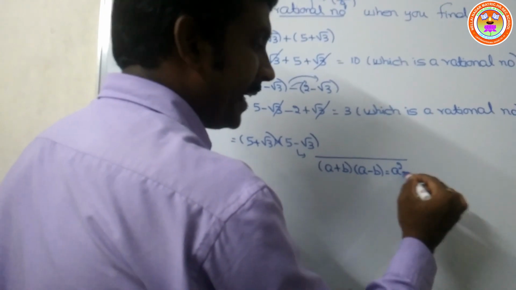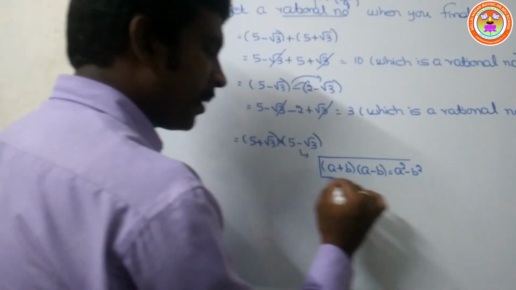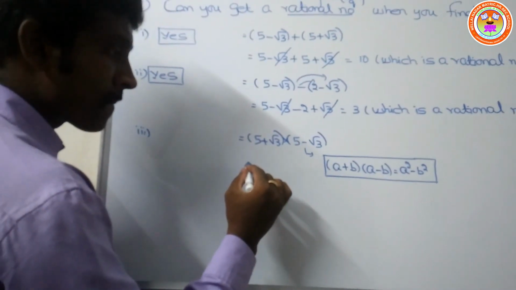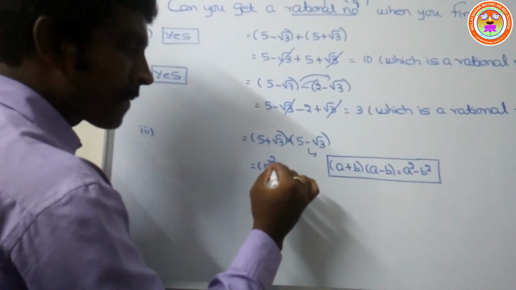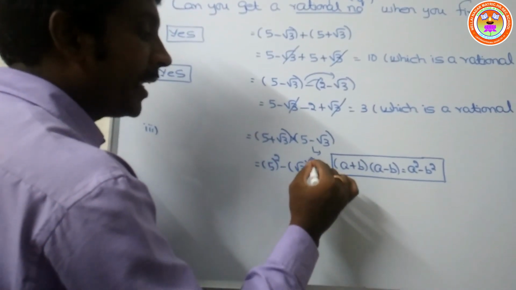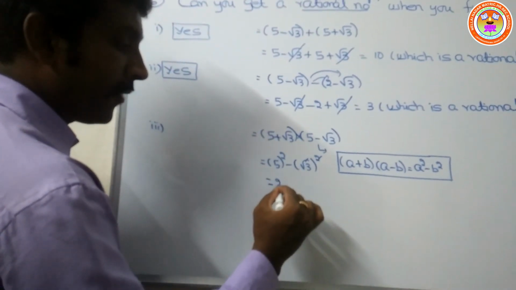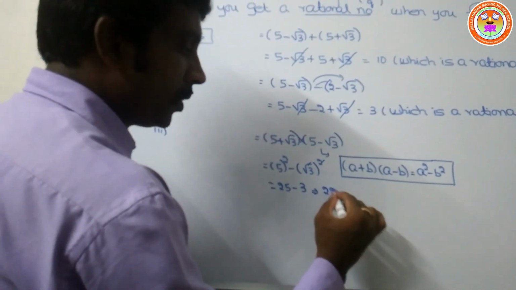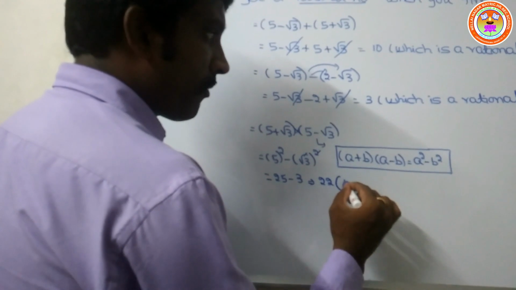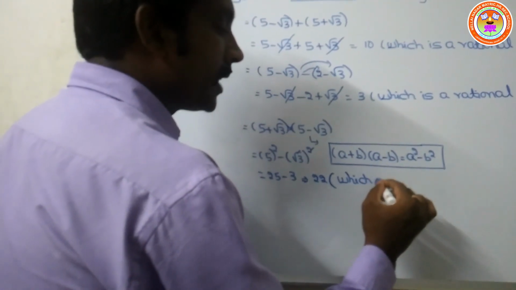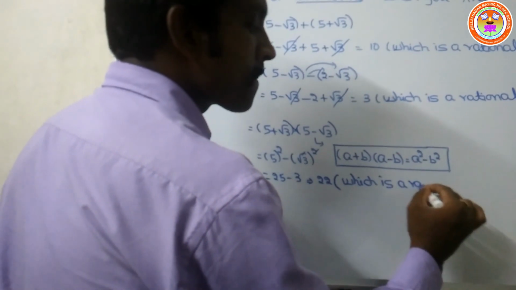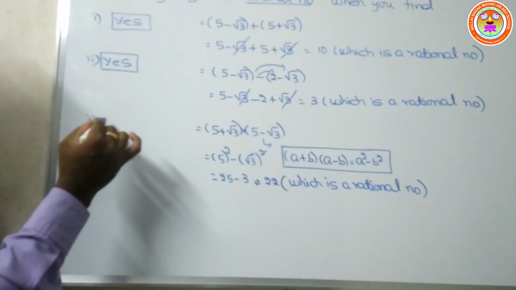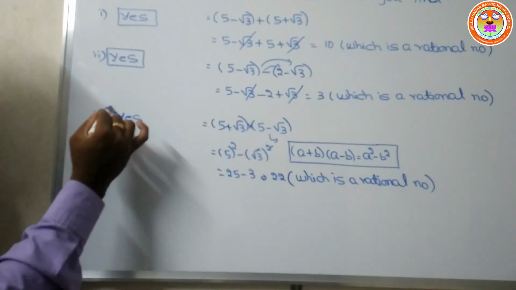The formula is a square minus b square. 5 square is 25, root 3 the whole square is 3, so 25 minus 3 is 22. 22 by 1 is a fraction, which is a rational number. So the answer is yes.